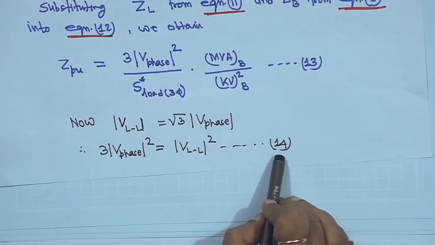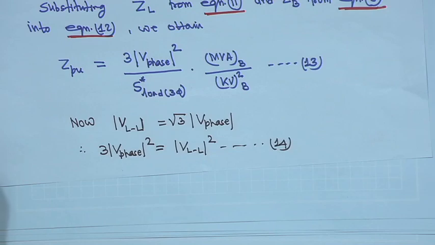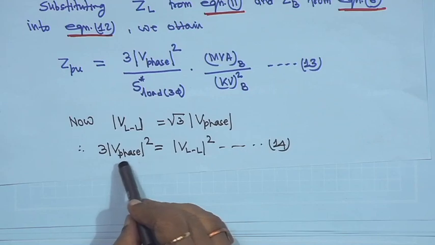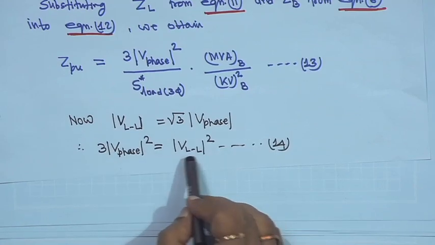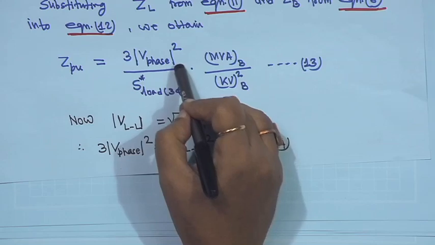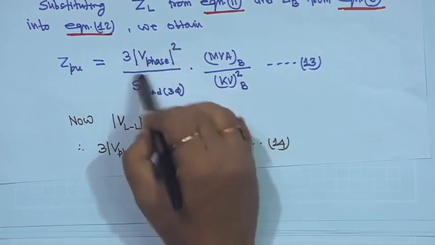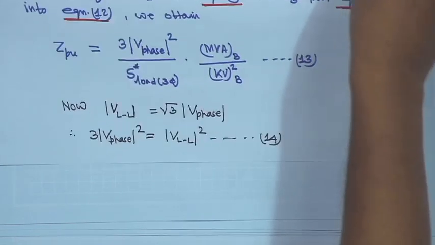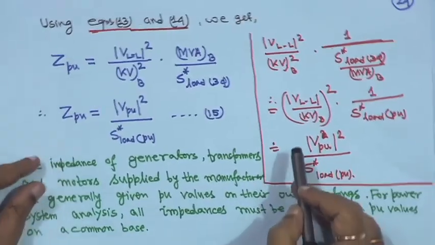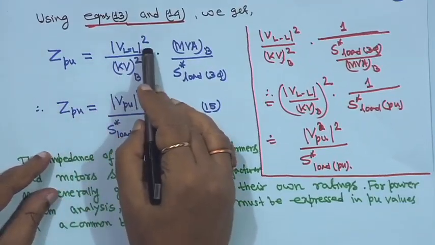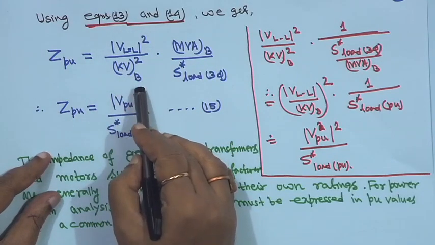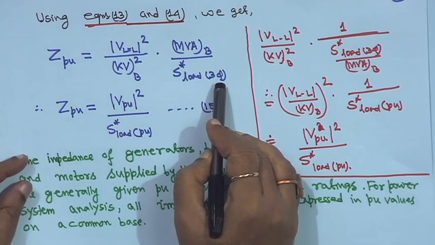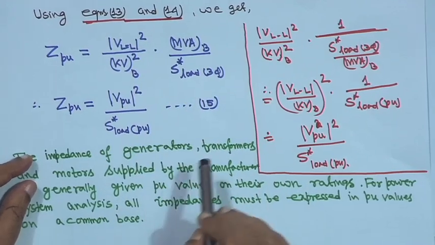Next, using equation 13 and 14, this 3 into V phase square is equal to magnitude VLL square, you substitute here, replace this 3 V phase square by VLL square. If you do so, ZPU is equal to V line to line voltage square divided by kV base square into MVA base by S conjugate load 3 phase. So, simplify, it will be coming like this.